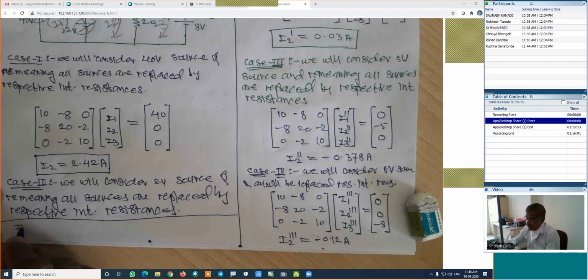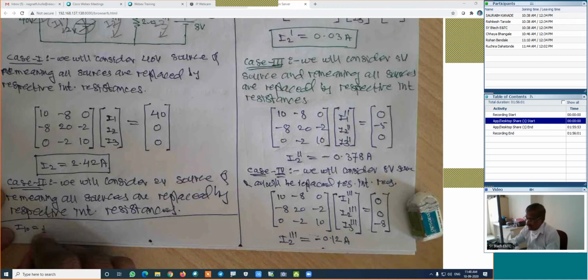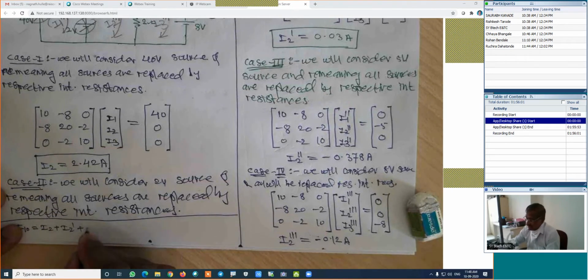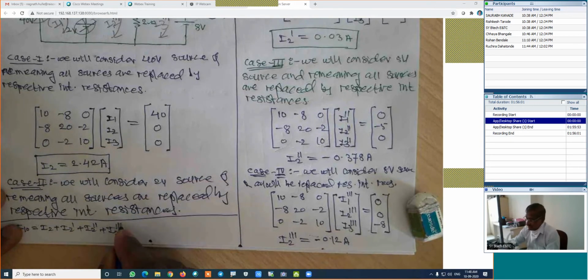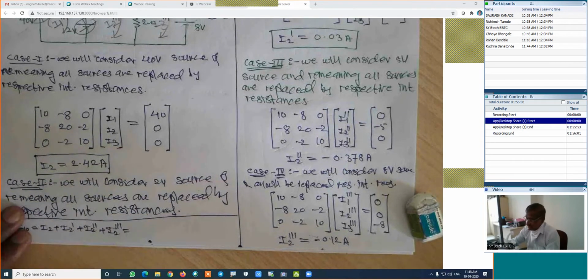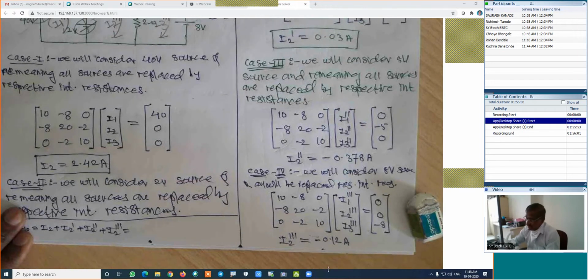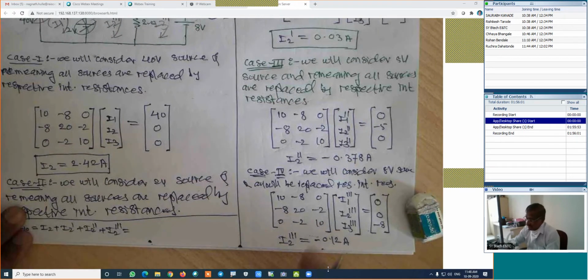The total current in the 10 ohm resistance, I will call it I10, is equal to I2 plus I2 dash plus I2 double dash plus I2 triple dash, which is equal to, how much is the value of I2?